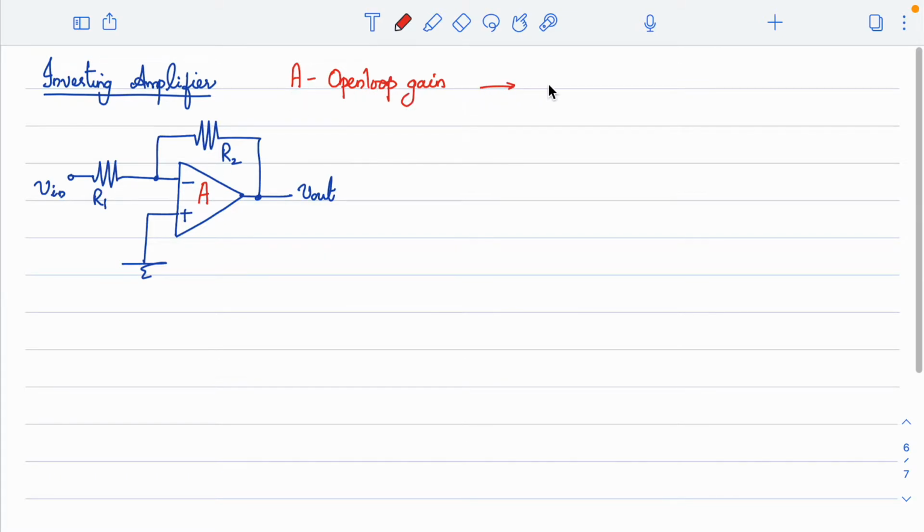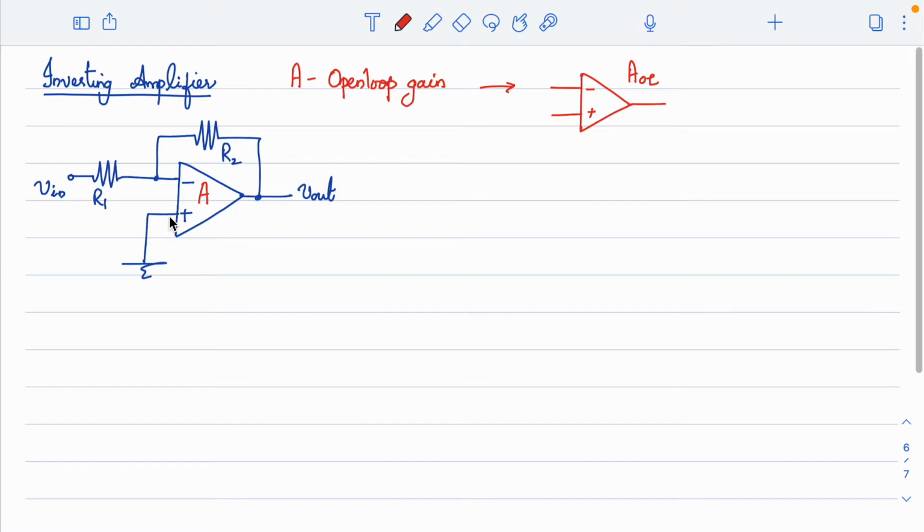To make it more clear, whenever you have a well designed op amp with two inputs and this output, whatever gain this gives, A, we call the open loop gain of the op amp. In this case, since I have connected a resistance from output back to input, this works in closed loop mode. We call this feedback, and we will discuss feedback later in unit 5.